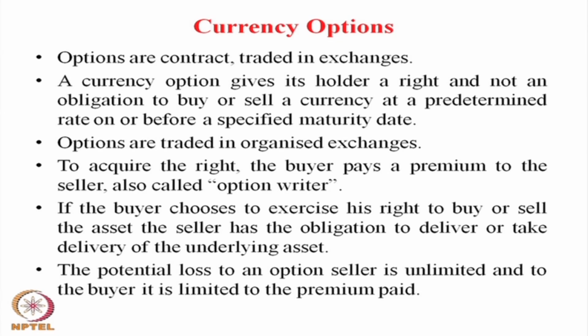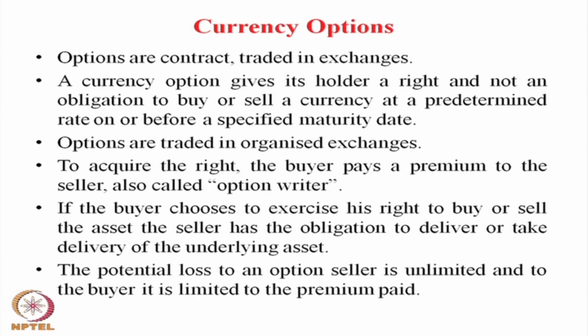Here the buyer who purchases the option, the holder of the option, has the right, not the obligation, to buy at a particular predetermined price, and he can also sell the option. He can liquidate his position on or before the specified date of maturity, on the date of maturity or before the maturity.